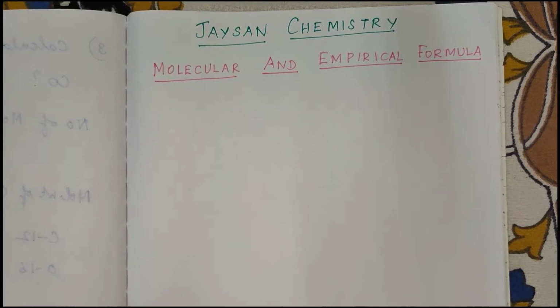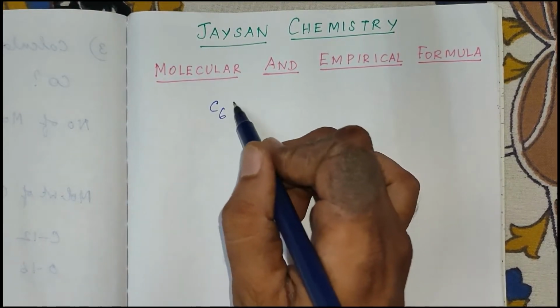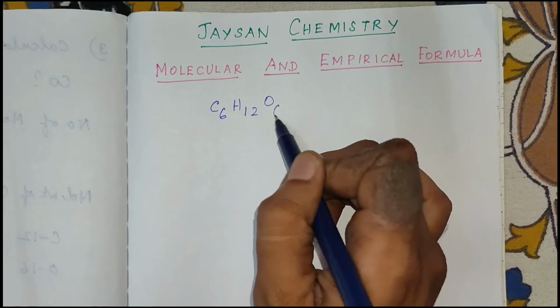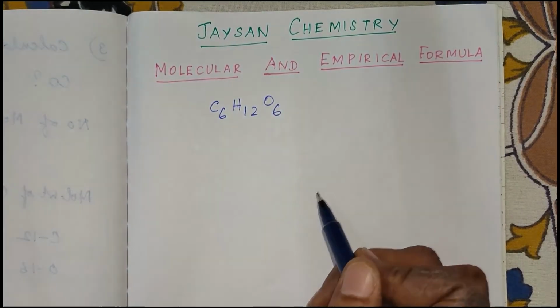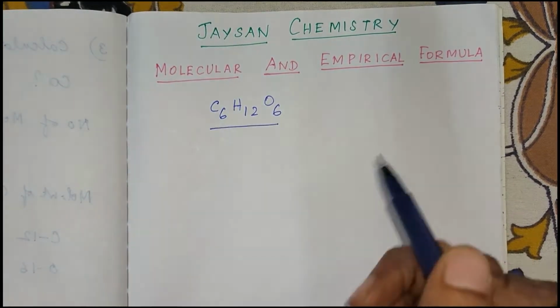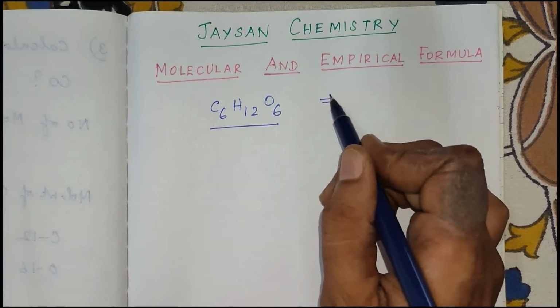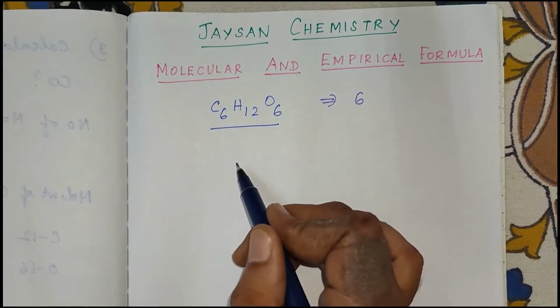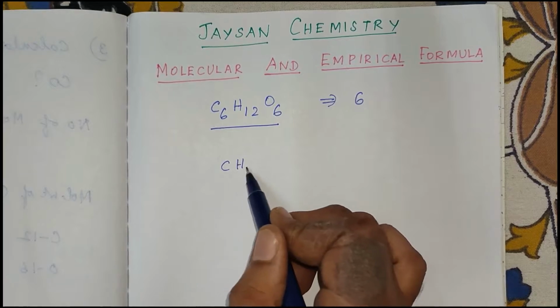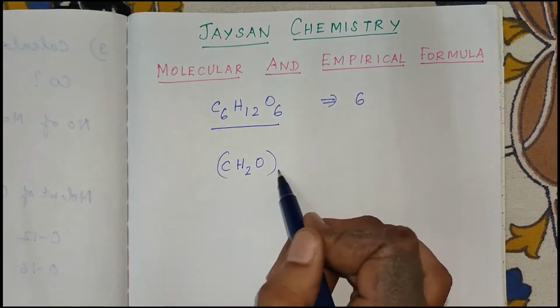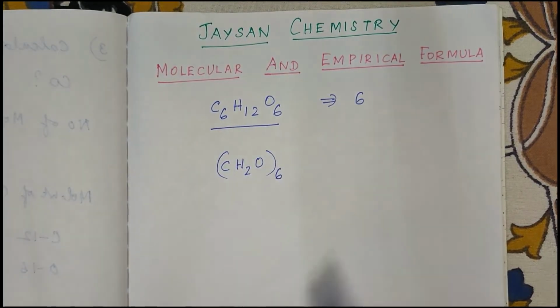Say for example, the molecular formula of glucose is C6H12O6. Now, what number can I take in common from this? I can take 6 out from this. So, I can get CH2O 6 times. I have taken the number 6 outside.